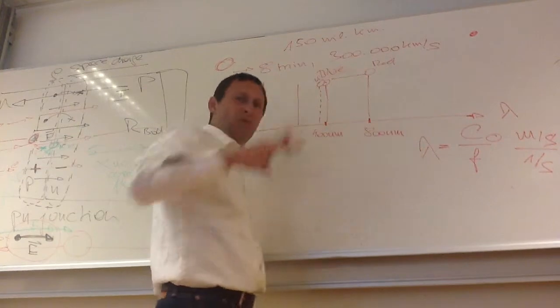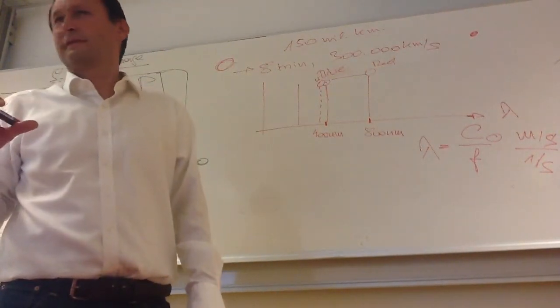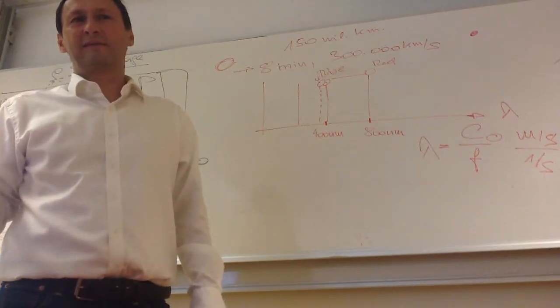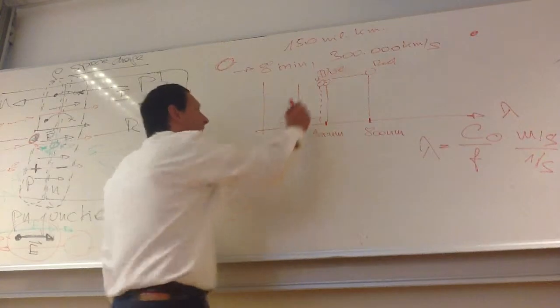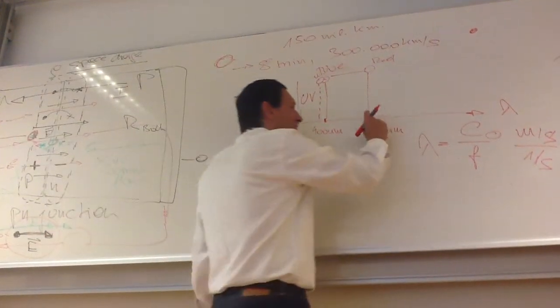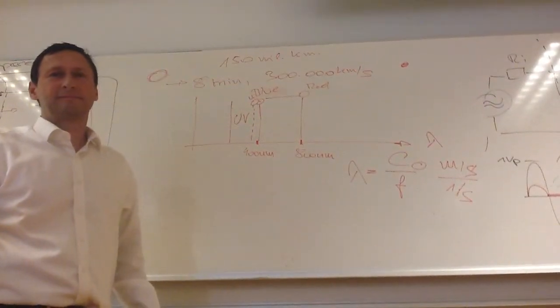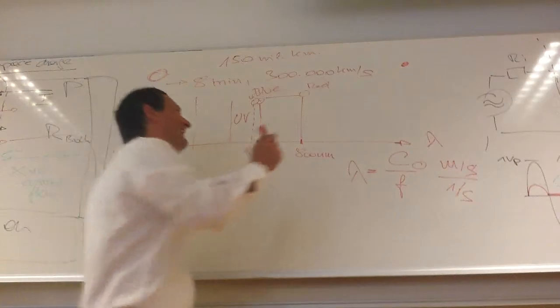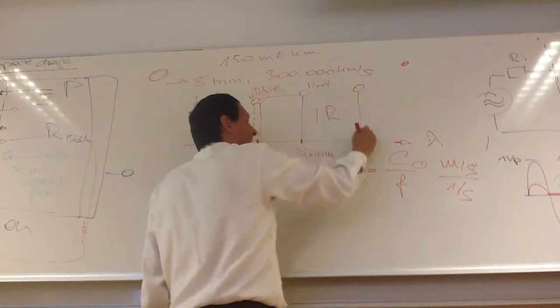But below visible light, there we have ultraviolet, UV, you know. And if the wavelength gets longer than red, it's ultra-red, but it's called infrared.